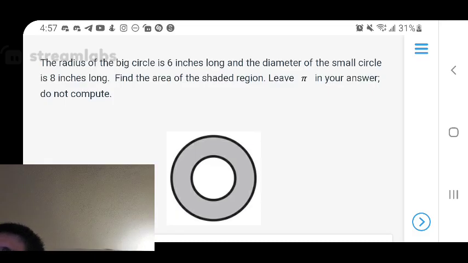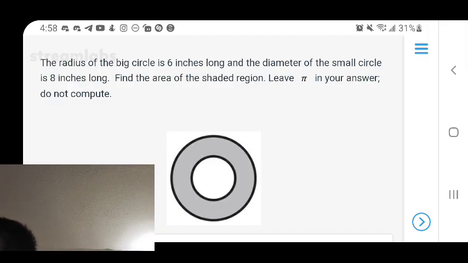You find the area of the big circle first. The radius of the big circle is 6, so pi times 6 squared. Area shaded is the area of the big circle subtract the area of the small circle, which is pi 4 squared, because the diameter is 8, so the radius is 4.